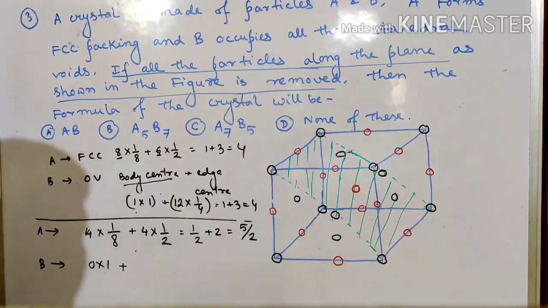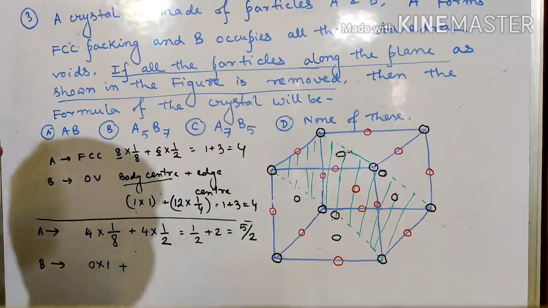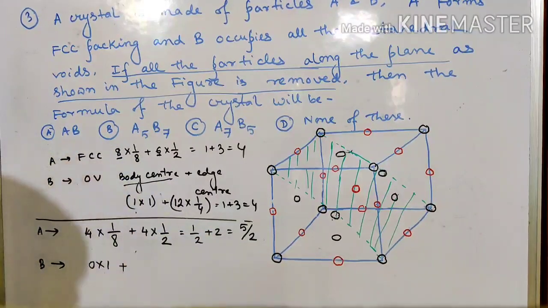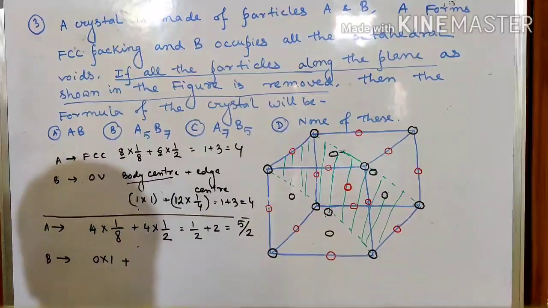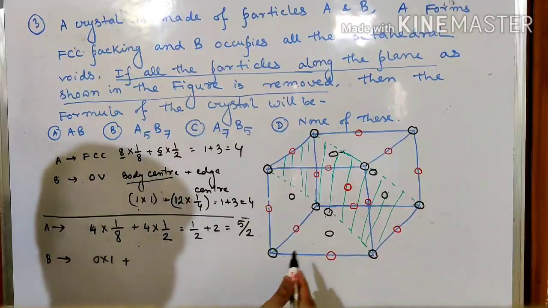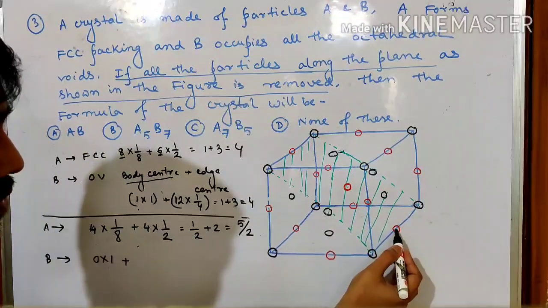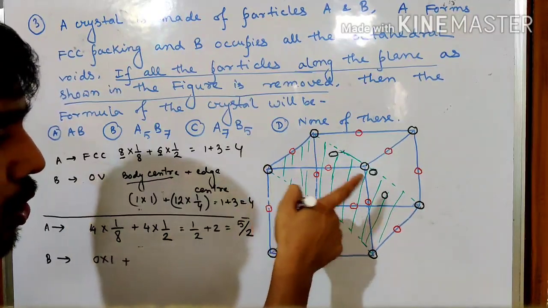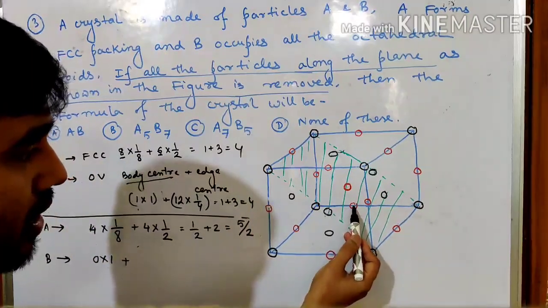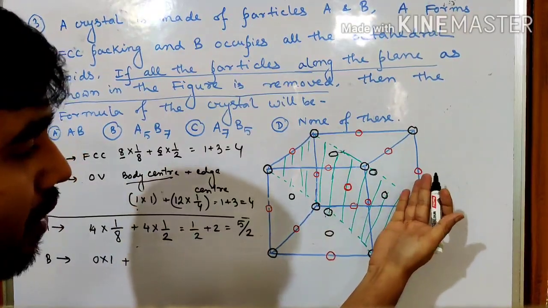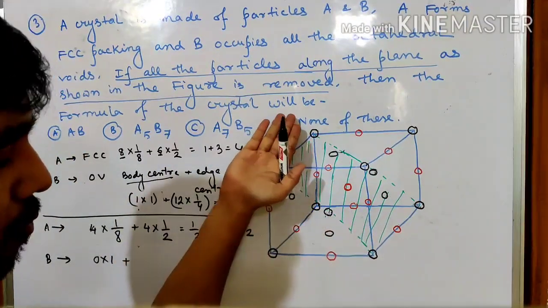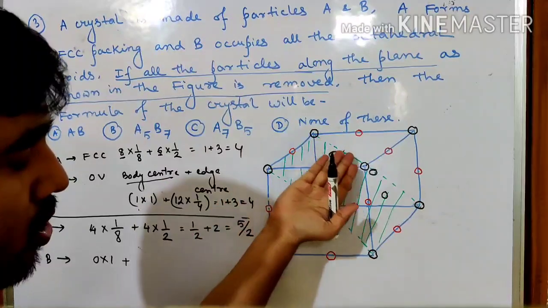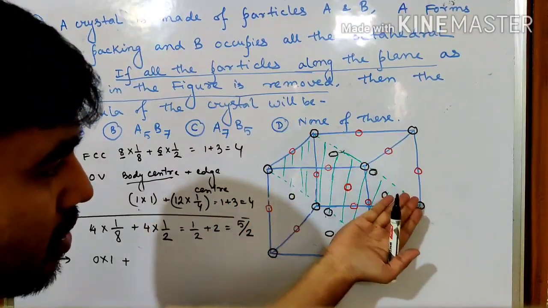Plus, how many edge center atoms will be removed? In case of edge center, you will see this edge center which is exactly onto this plane, and this edge center. You might have a confusion by looking at this diagram. Look at this edge center. Actually it is behind the plane, right? It is not onto the plane. The plane is almost parallel to the body diagonal like this.